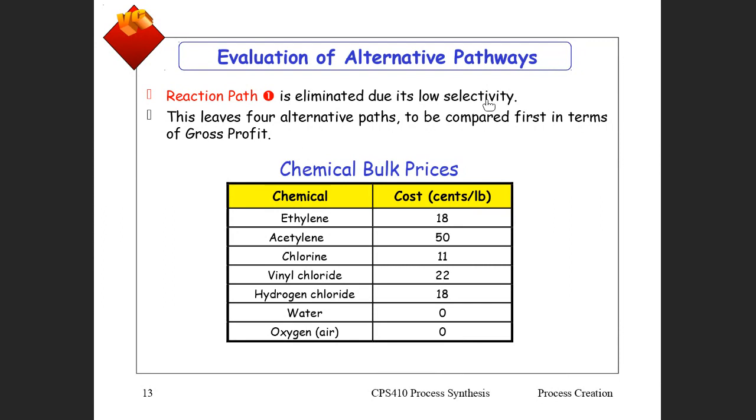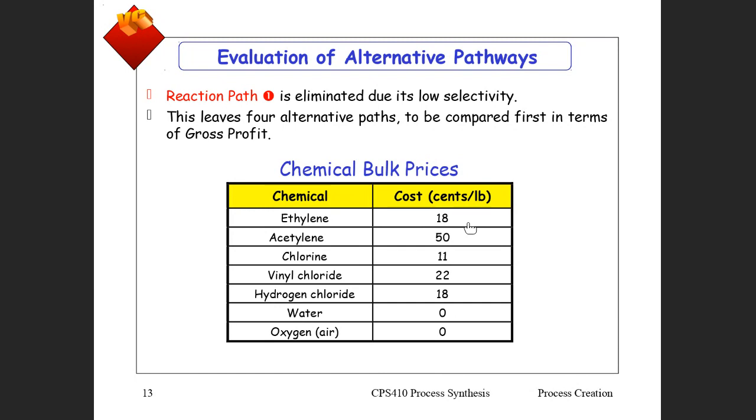Compared to the other paths, reaction path 1 just didn't compare well to the others, so we simply eliminate that. What we are trying to do is to find which is the best of those alternative pathways. So that leaves 4 alternative paths, and what we're going to do next is just have a look at the gross profit. In other words, how much does it cost for the raw materials, and how much money can we get for the products that we make.